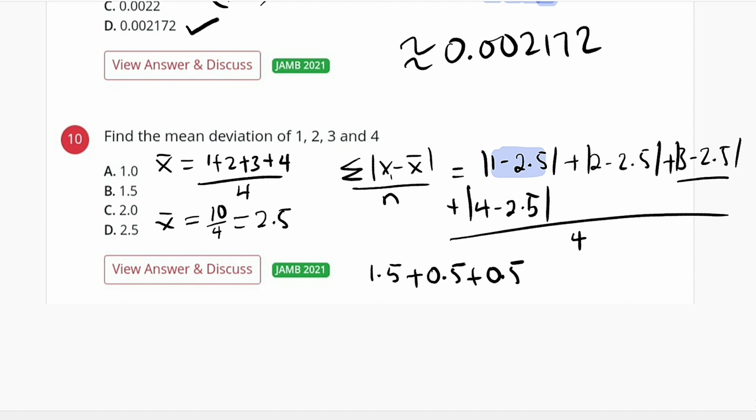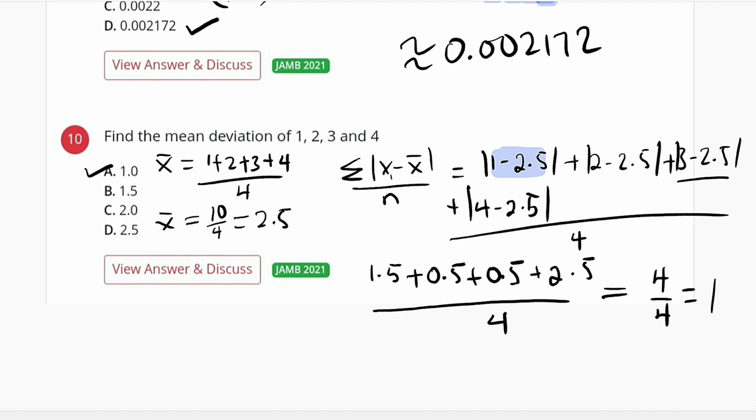And last one, we have 4 minus 2.5 will give us 1.5, the whole of this by 4. If you add all of this together, you have to get 4. So we have 4 divided by 4, which is equal to 1. And which is option A, you can see it here. Just take your calculator, add all of these numbers together. You must get 4, and 4 divided by 4 is 1.